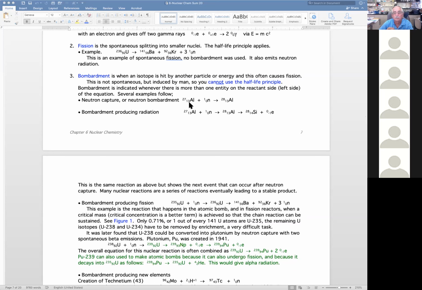Somebody comes along and slams it with a neutron. That's bombardment. Also known as neutron capture because it didn't do anything yet, just captured it. It's also known as neutron bombardment. But what we're going to say is this is in the category of bombardment.